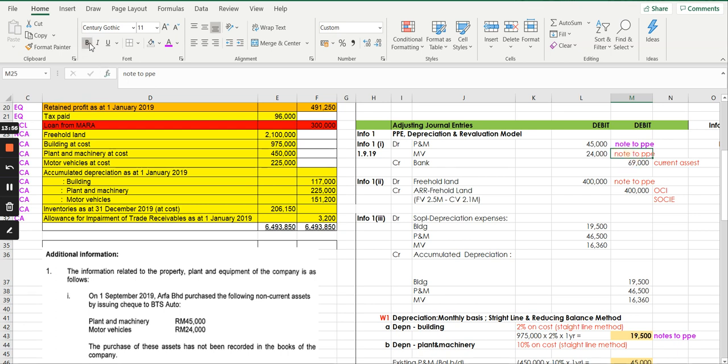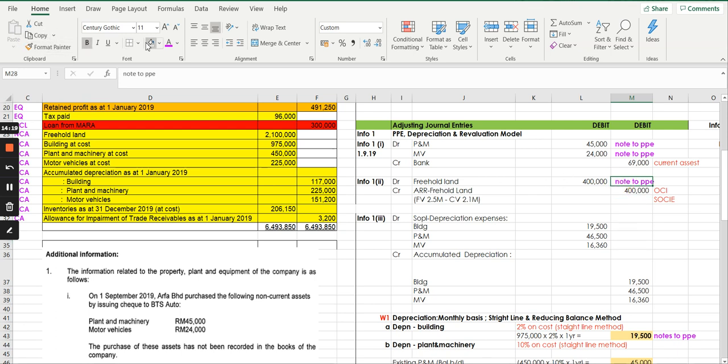So these are all the things that we have done earlier. Those are all in the notes to the PPE. So the same thing should have been done for our case of depreciation. For the journal entry, you can check. I've provided the journal entry here. So these are the things that you are going to put in your notes to the PPE.